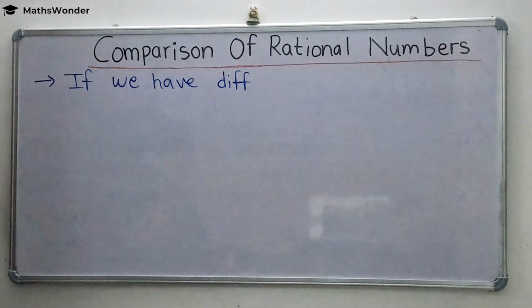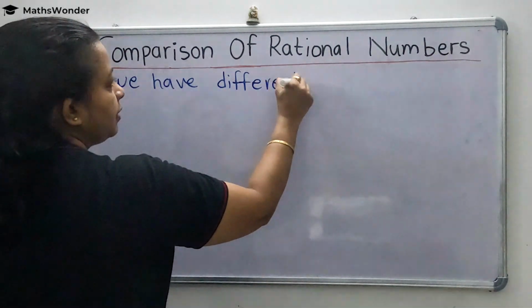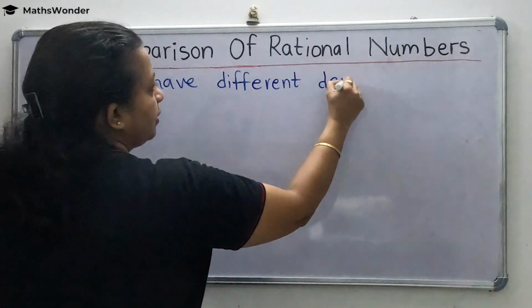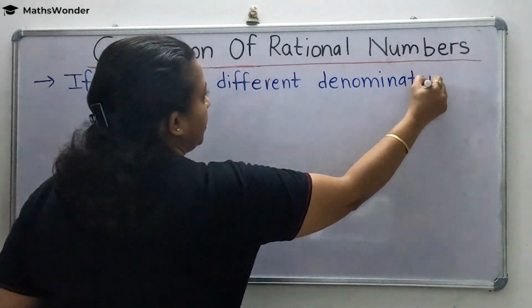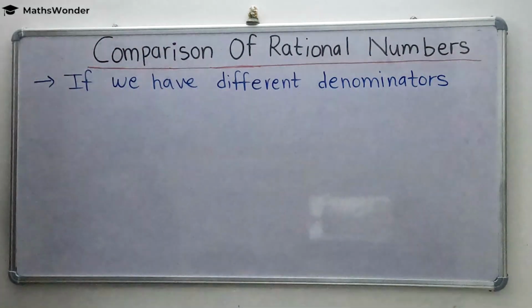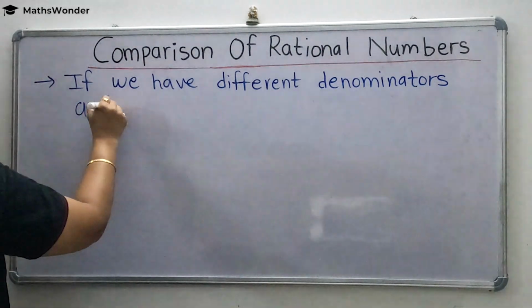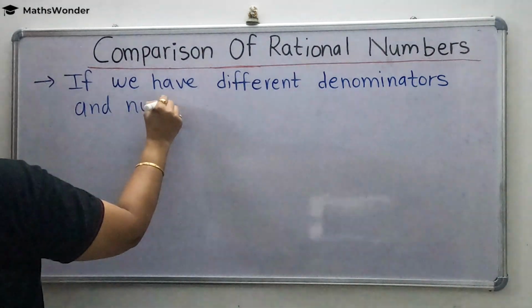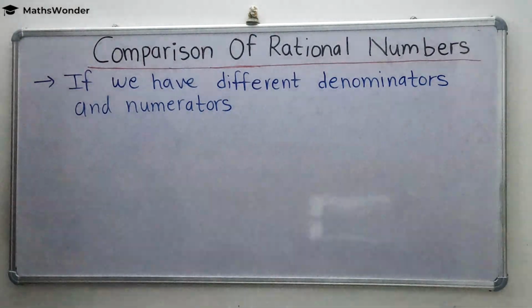Right, in the last property we had the same denominator. Now we have different denominators and numerators.